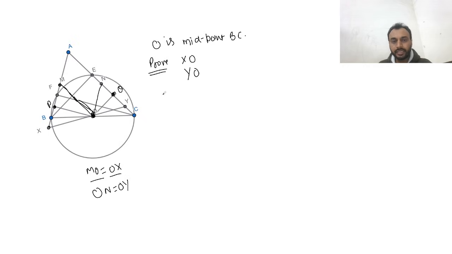If I somehow prove that X, O, Y are collinear, then we are done, right?